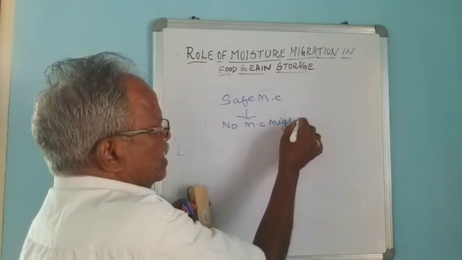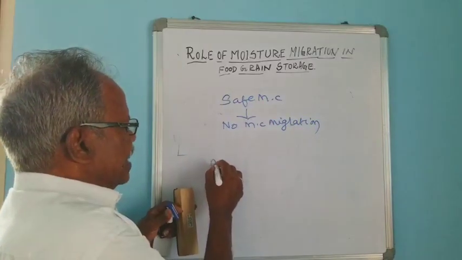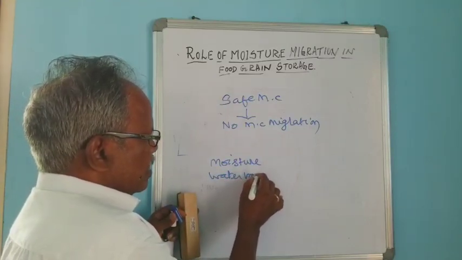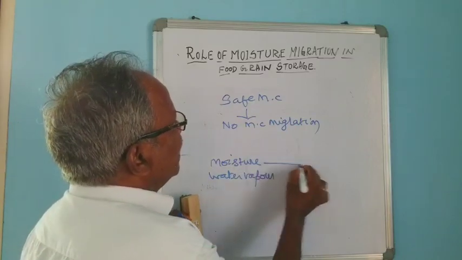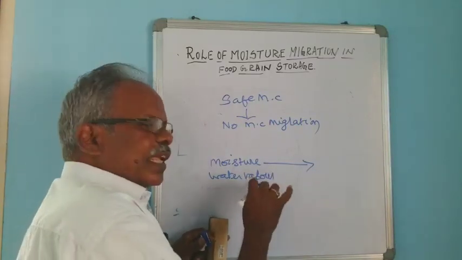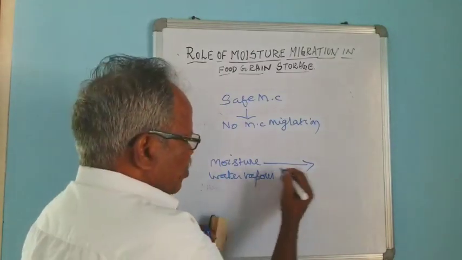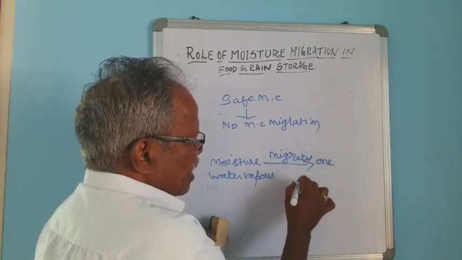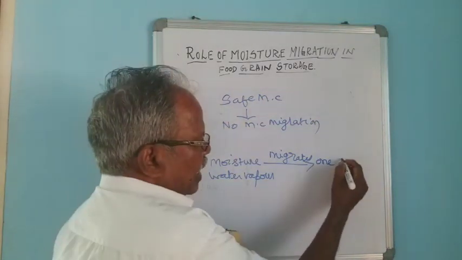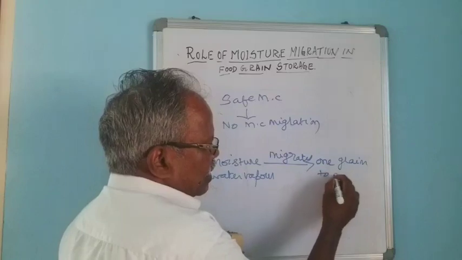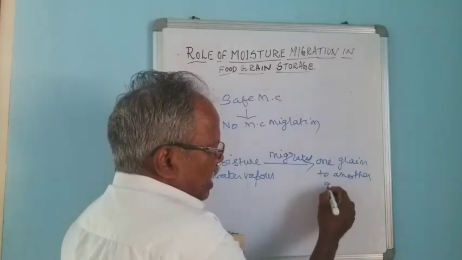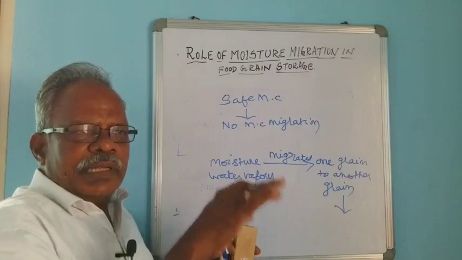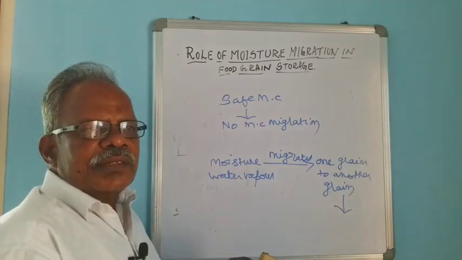Moisture migration means that moisture in the form of water vapor migrates or transfers from one grain to another grain, or from one bag to another bag, and subsequently it gets condensed where it is very cool in nature.